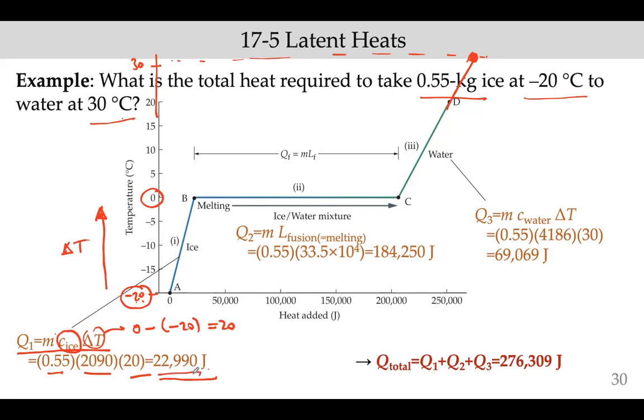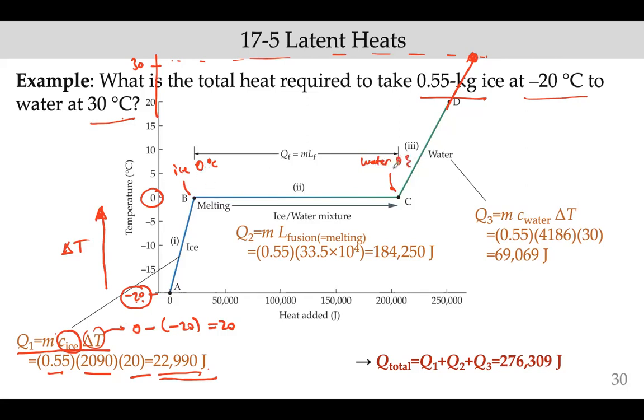So this is the amount of joules. Now at this point, we have ice at 0 degrees Celsius. Now we have to get this ice at 0 degrees Celsius to water at 0 degrees Celsius.